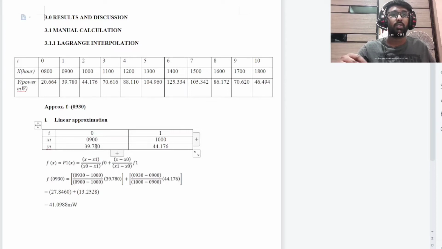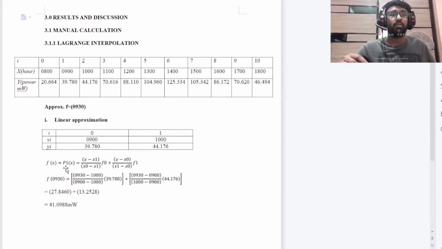So for x1, we are using the real data now, just for the approximation. So for x0, we are using 0900, which is the first value over here, and its power needed, which is 39.780, and the second one we will be using 10 o'clock, or 1000. The power needed for that is 44.176.